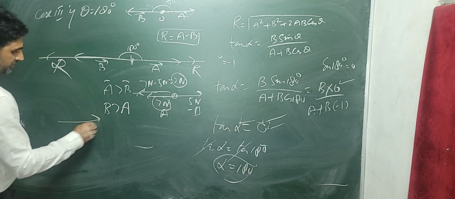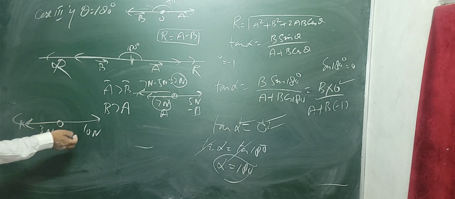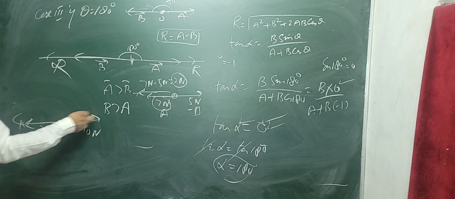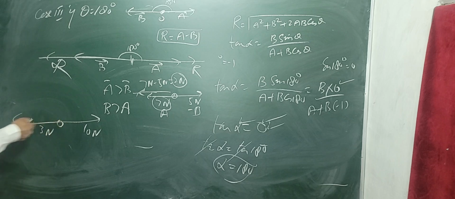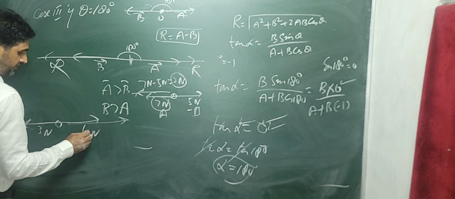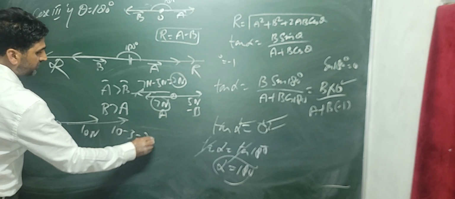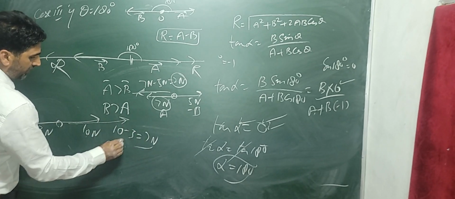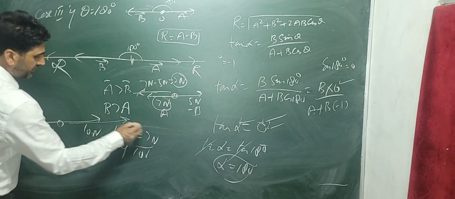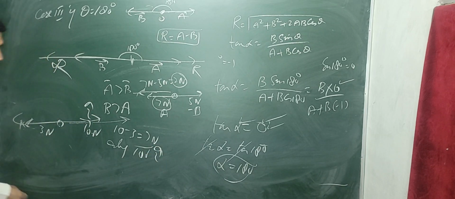If the vector is along 10 Newton, and another vector is along 3 Newton, then the resultant: the object, it's a ball, is applied by a force of 10 Newton in this direction, and the same ball is applied by a force of 3 Newton along this direction. Obviously, the ball will move with the magnitude 10 minus 3, that is 7 Newton, and it will move along the direction of 10. If it is along i, then it will be 10i.